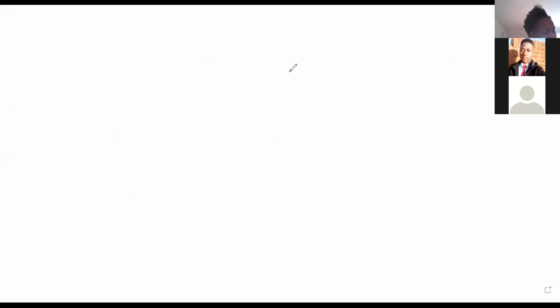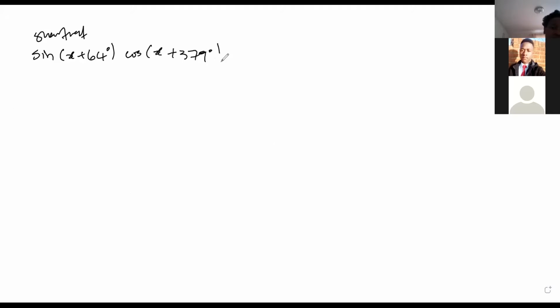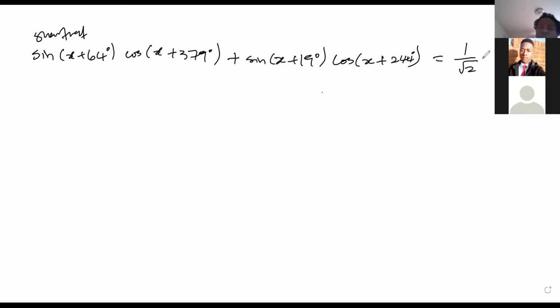They say, without using a calculator, show that sine(x plus 64) cos(x plus 379) plus sine(x plus 19) cos(x plus 244) will be 1 over square root of 2.